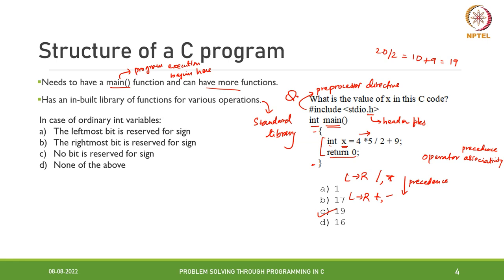Then if you want to use any of the functions from the inbuilt library, there is an inbuilt library of functions for C, which is the standard library. If you want to use any functions from the standard library, you include that particular header file as a preprocessor directive.